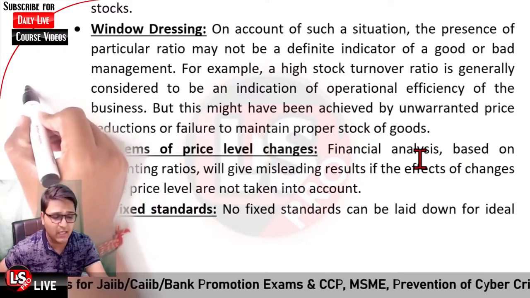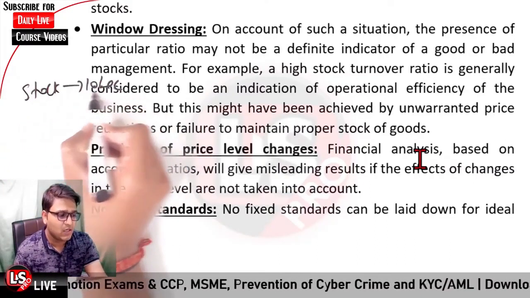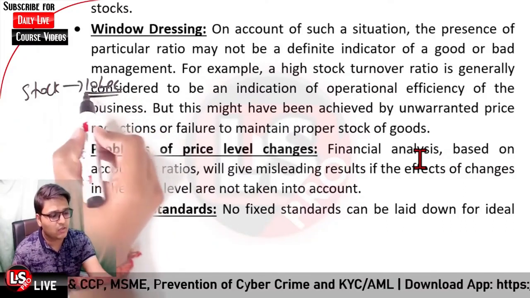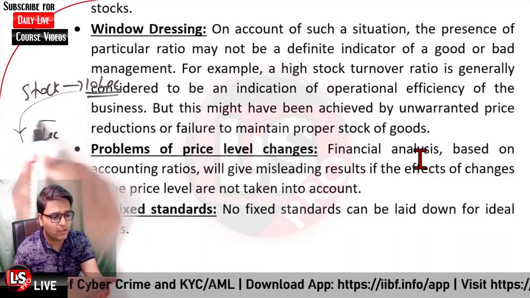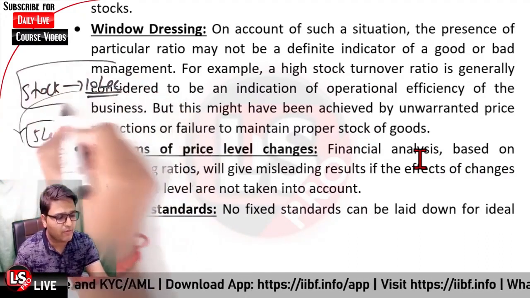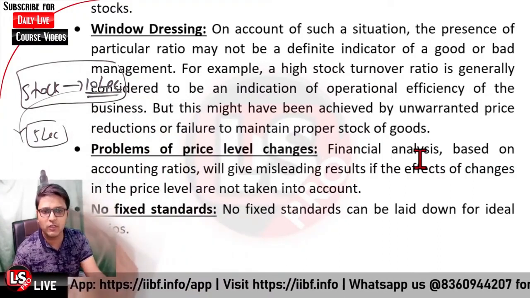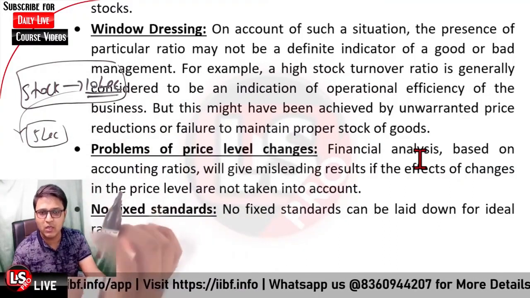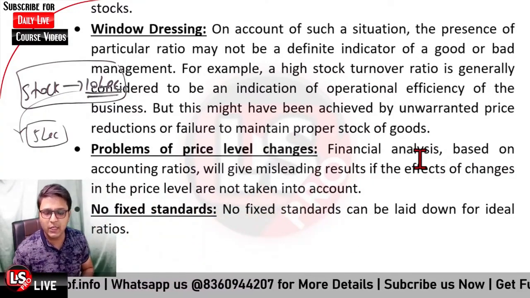Likewise, if you were maintaining a stock of rupees 10 lakh, but right now the value of the stock in the market is only 5 lakh, and you are still considering 10 lakh as the value, in that case the ratios will not give you a clear picture regarding the financial statements. So that is also a limitation.